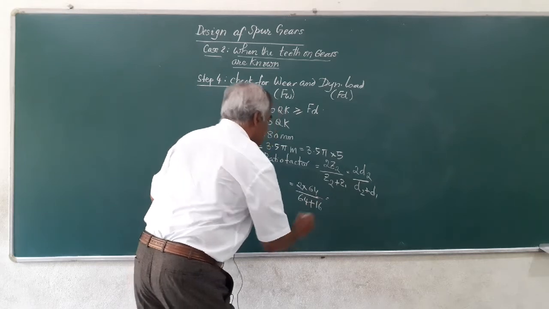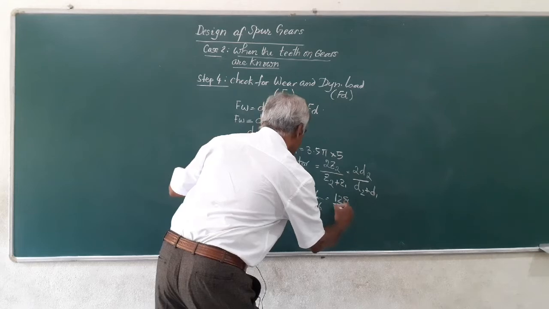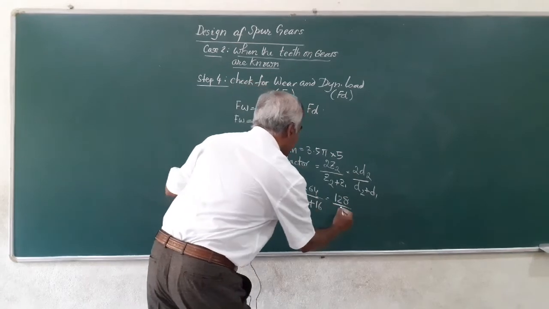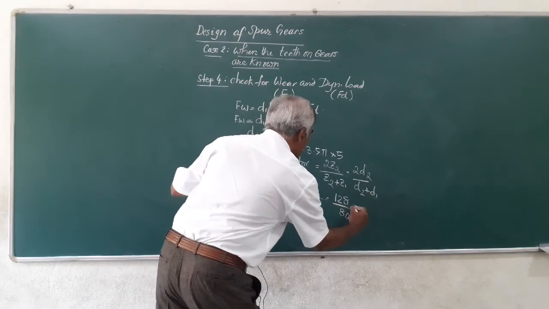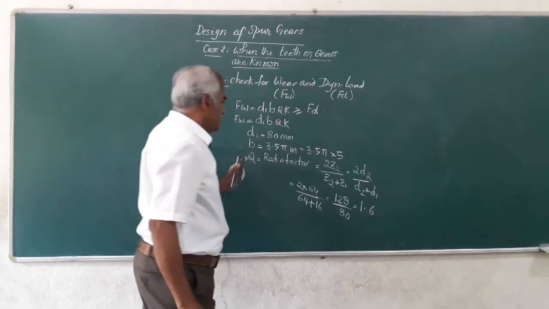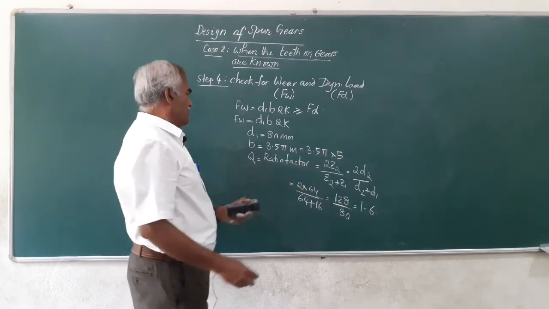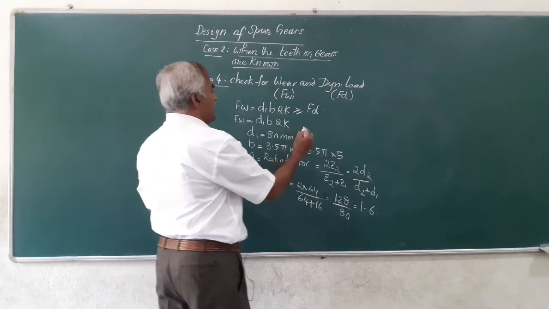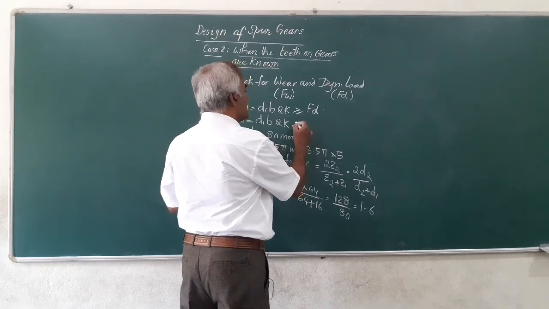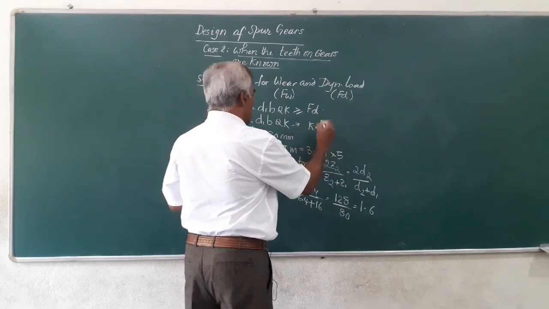So it is 128 divided by 80, which is approximately 1.6. Then the term K is called the load stress factor. K is an unknown. I will tell you how to find it out.